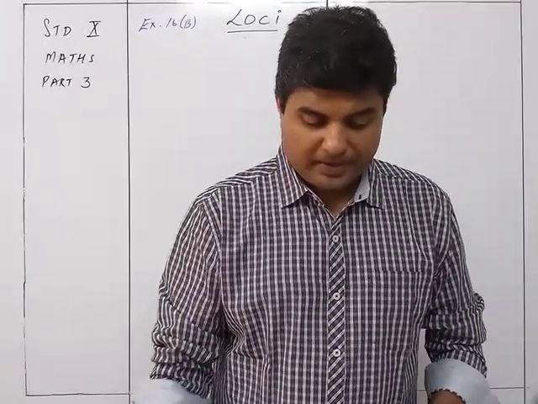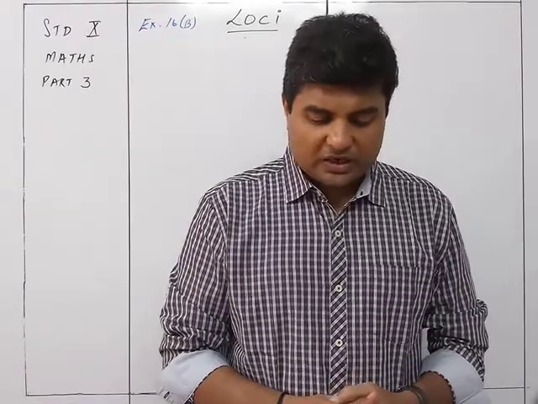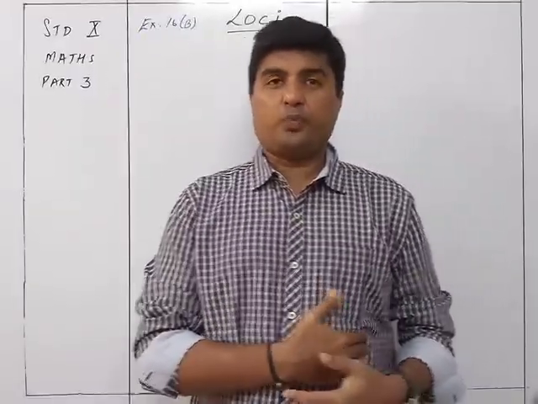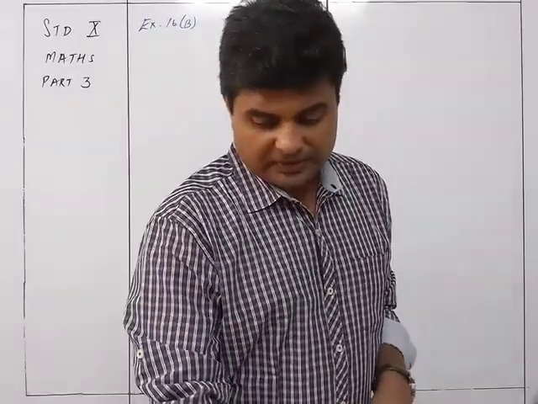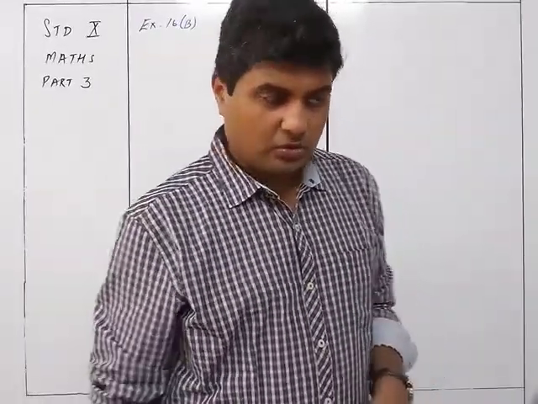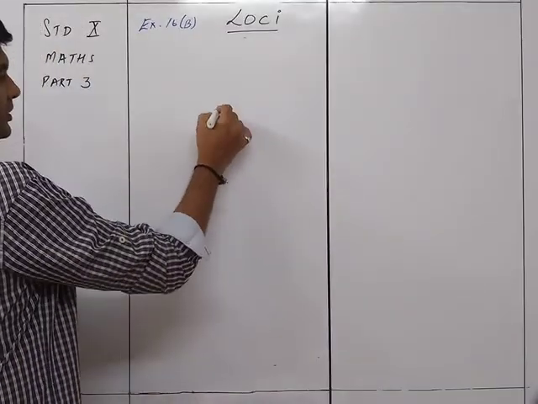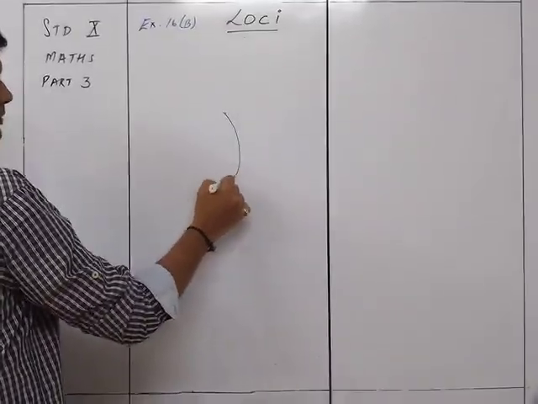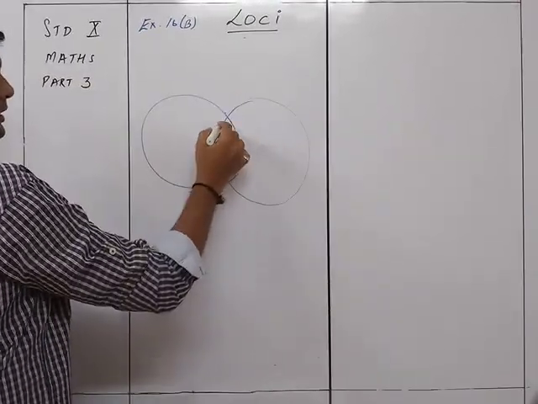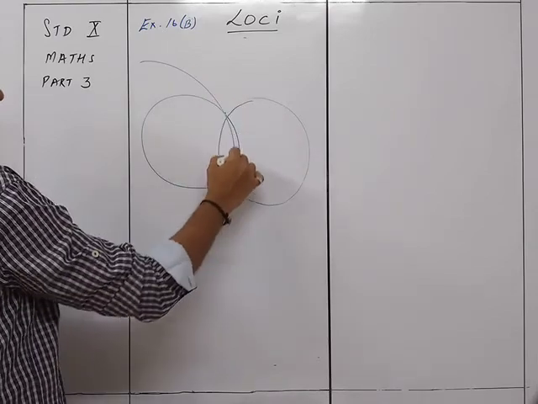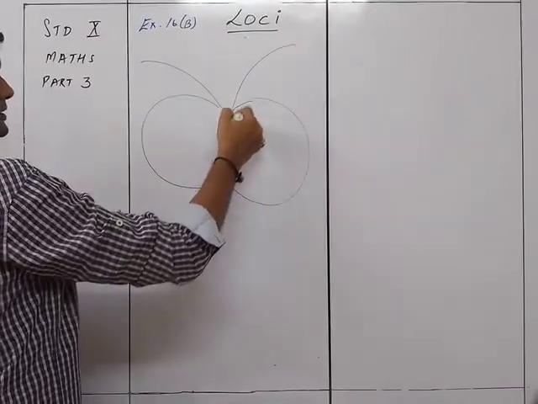We move on to sum number 9. The locus of a center of all the circles passing through two fixed points. So it will be the center of the circle passing through two fixed points. तो अगर क्या रहेगा, यानी अगर मेरे पास ये दो पॉइंट है and one circle could be like this, another circle could be like this, another circle could be a bigger one like this. Okay, one could be over here like this.